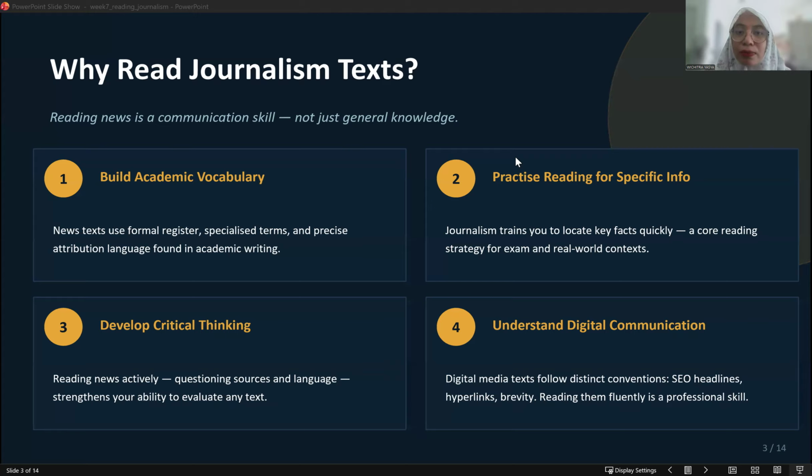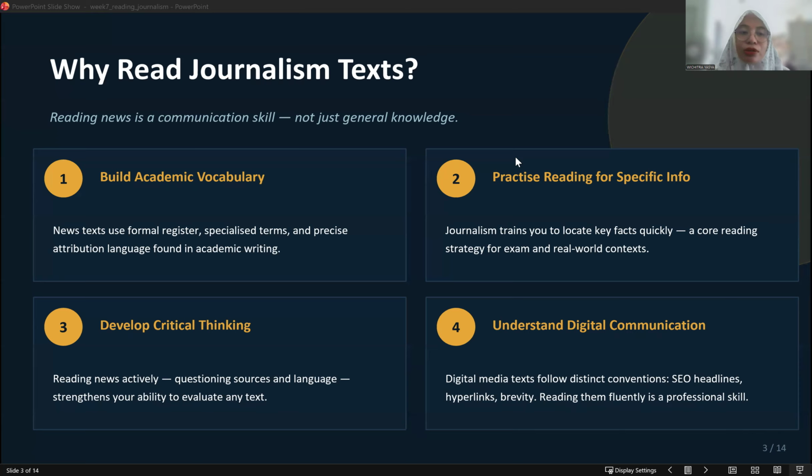And it is also important if you're working in online media, which is also journalism, but it has now converged to the online version, or what you read from your phones or from your laptops. So if you practice reading journalism texts, it can build your academic vocabulary.